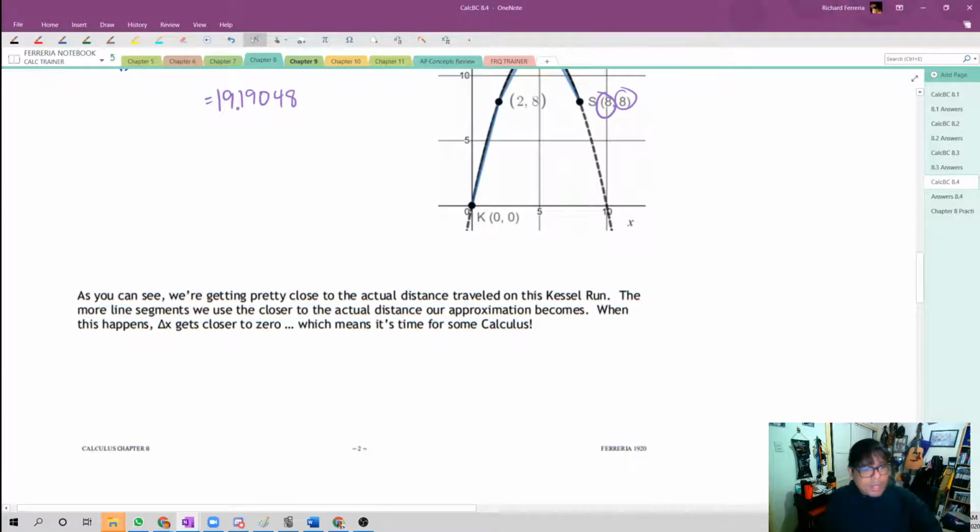So as delta x goes to 0, we're going to get more and more line segments. And if we get more and more line segments and delta x goes to 0, that's calculus. So that's time for our calculus.